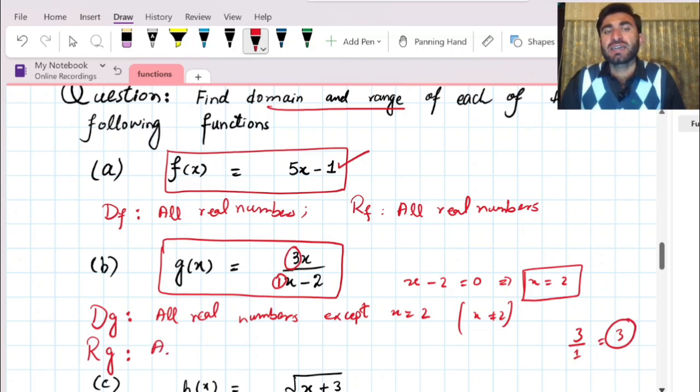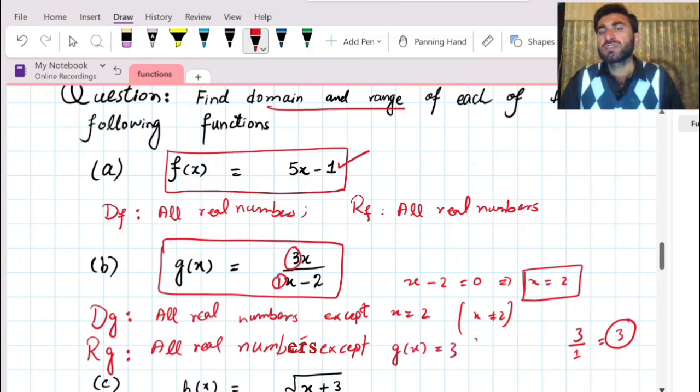That's why we'll write it as all real numbers except g of x equals 3, or directly say that g of x cannot be 3. Once again, in the case of fractions, if we have variables in both numerator and denominator, then the ratio of their coefficients is excluded from their range.